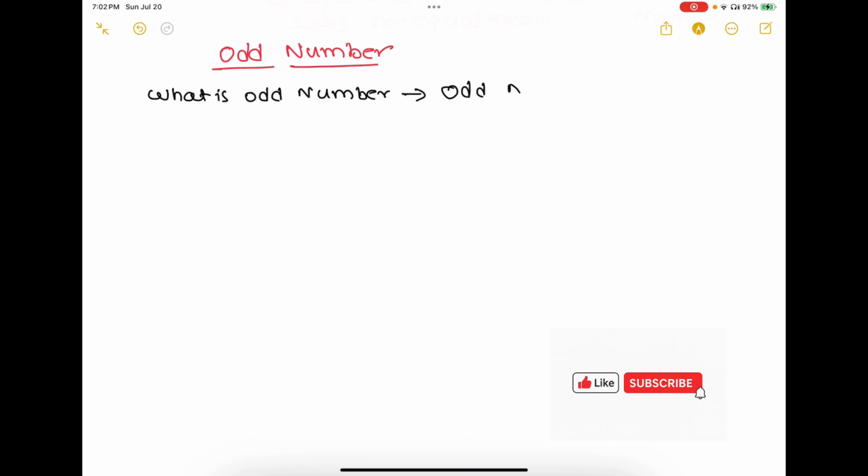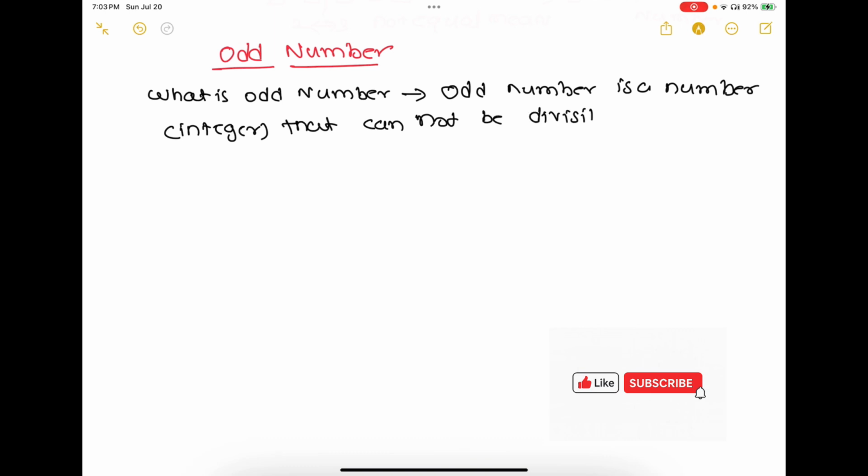Odd number is a number, means integer, that cannot be divisible by 2. Means we cannot divide odd number by 2.